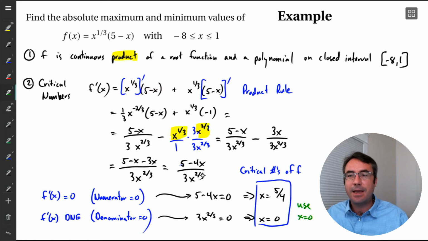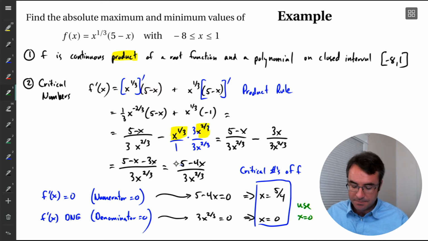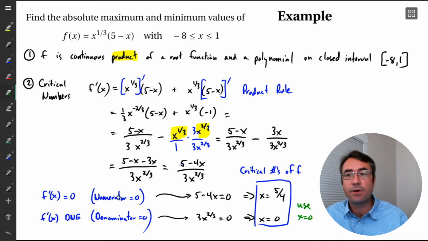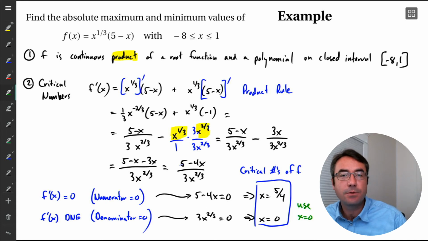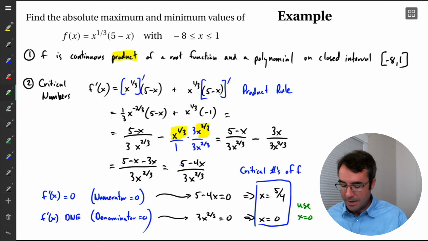Once we have this single fraction, to find the critical numbers, we need to look where our derivative is 0, so we set the numerator of our fraction equal to 0. And then we also need to figure out where our derivative is undefined. When we have a nice single fraction like this, we just set the denominator equal to 0. That gives us two equations, which we can go on and solve. And then finally, we're only going to use the critical number or numbers that are inside the interval.